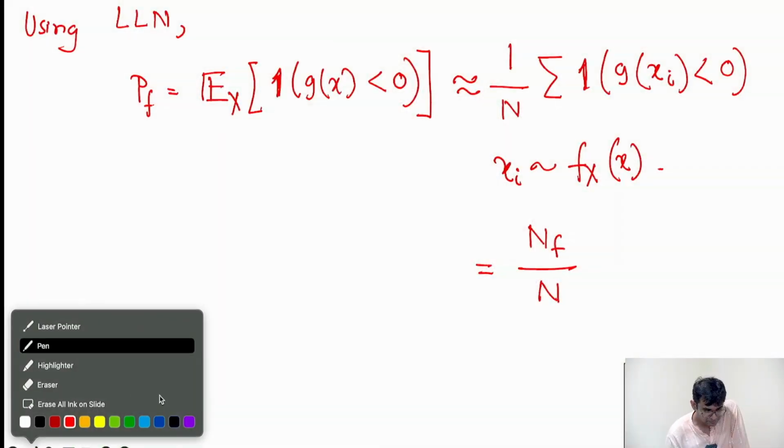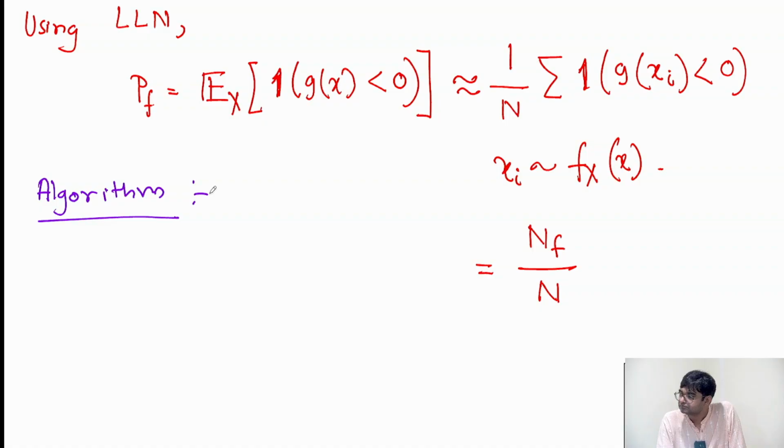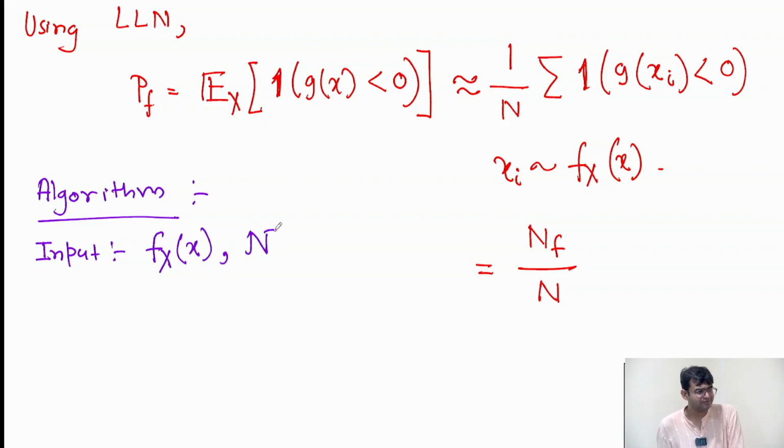So how will the algorithm look? The simplest algorithm that we will write in this course, for any limit state function, assuming you can draw infinite samples. So what is the input? You have X, so f_X(x). You should know the PDF of the input variables in this case, because you need to sample from there, and you need to know how many samples you are going to draw. And then it's a 3-line algorithm.